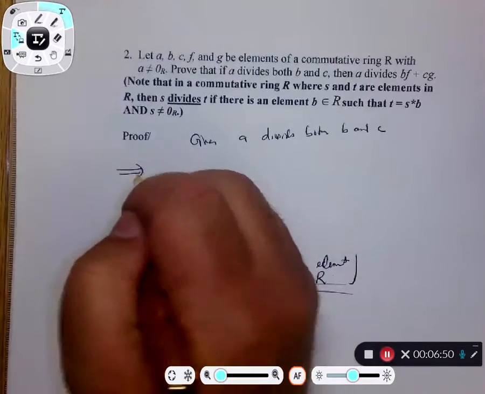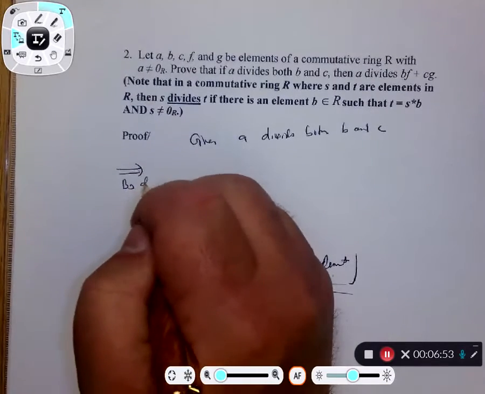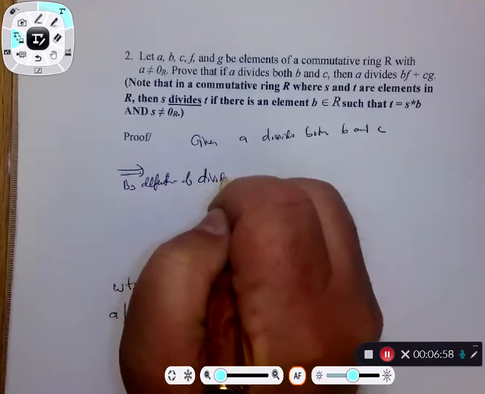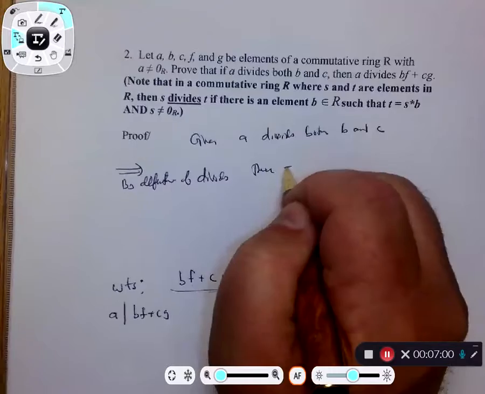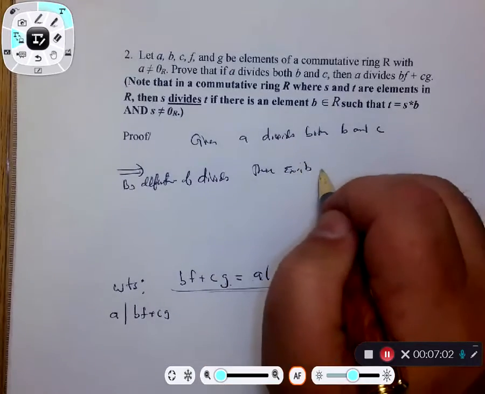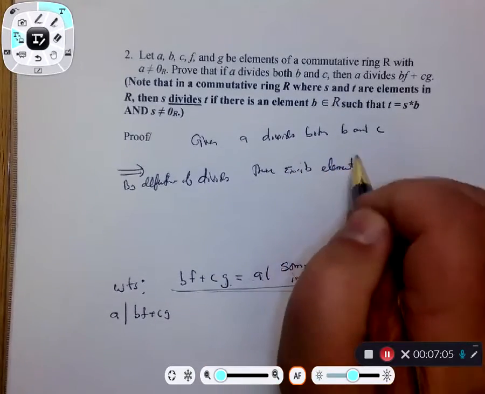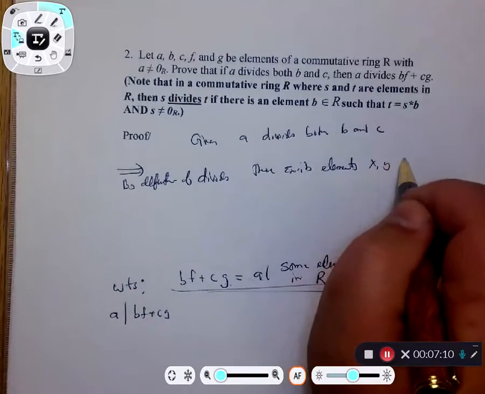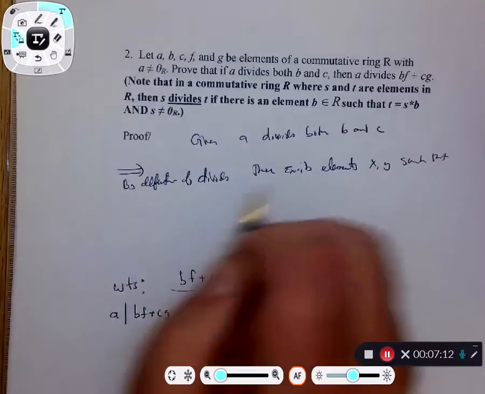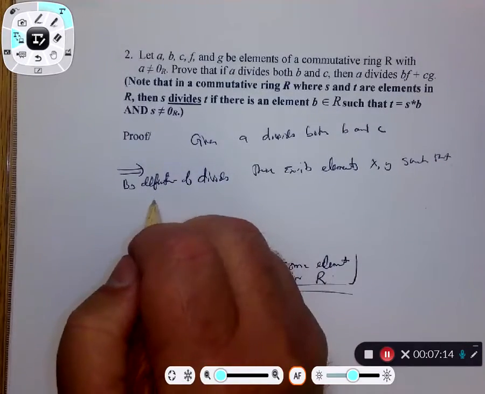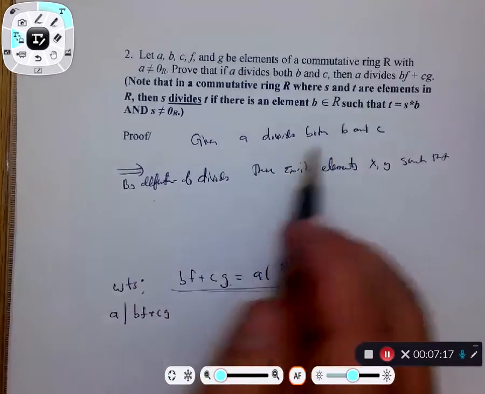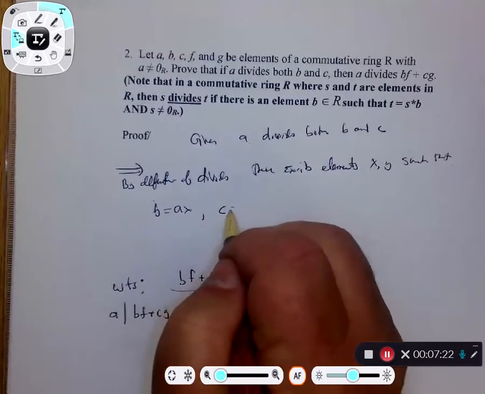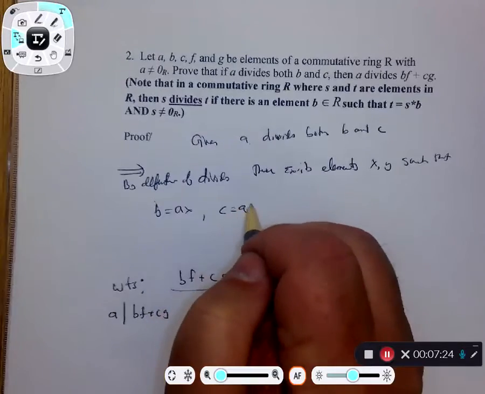Well, by definition of divides, there exist elements, don't call them integers, you get like 20 points off. There exist elements x and y such that, if A divides B, B is bigger, B equals AX, and if A divides C, C is bigger, C equals A times Y.